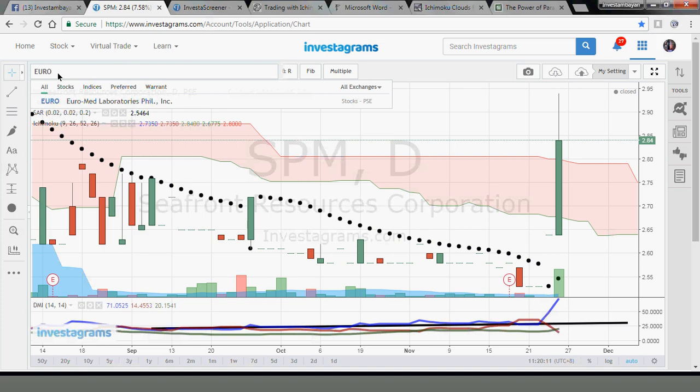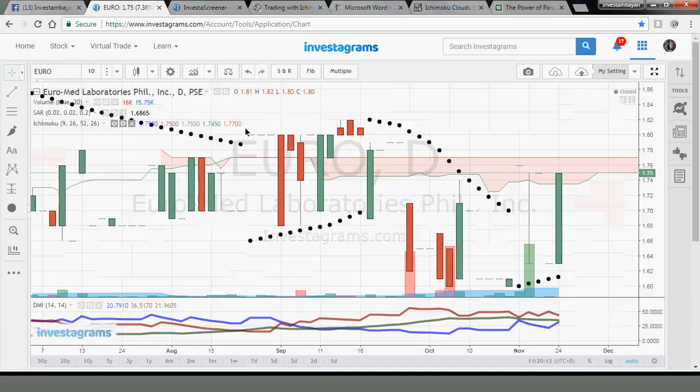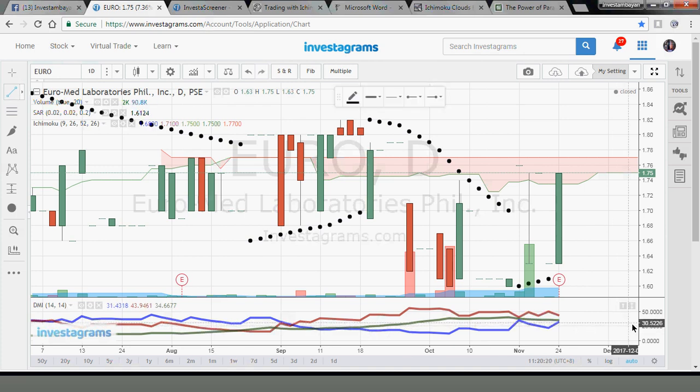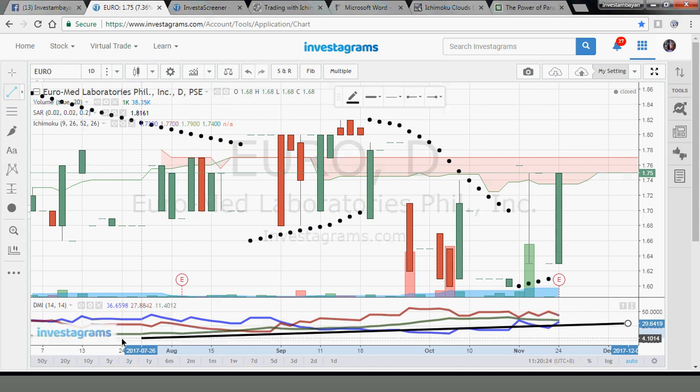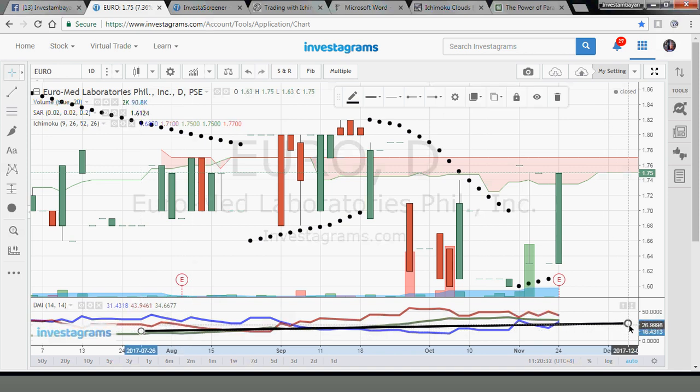Euro. Euro is still downtrend. Or ranging pa din. Yeah, ranging. For this, check natin. This is downtrend. ADX above 30.